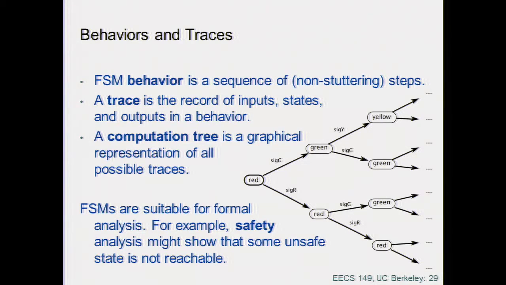Yes? How can you decide that you're not going to get to a state if you're not coded for that state? Is it like you code for a state that you don't want to get into? Yes, of course. I give you the finite state machine that describes the behavior of a system, then I give you the set of bad states, and I have to tell you what these bad states are.